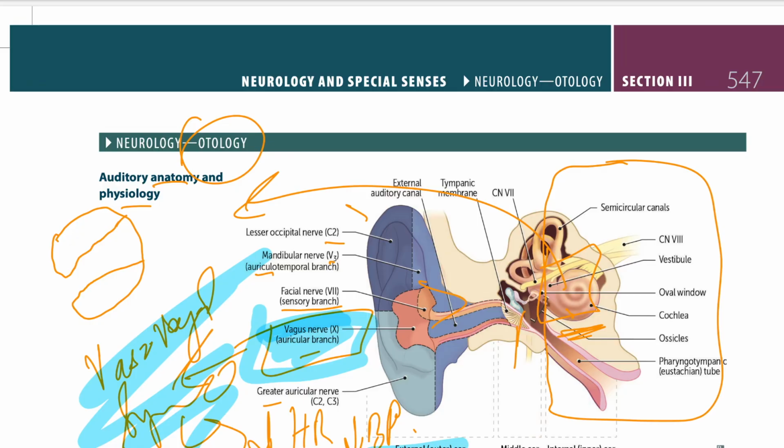Okay, so here we have two membranes. This membrane is called Reisner's membrane. This one is the one we talked about, which is the basilar membrane.